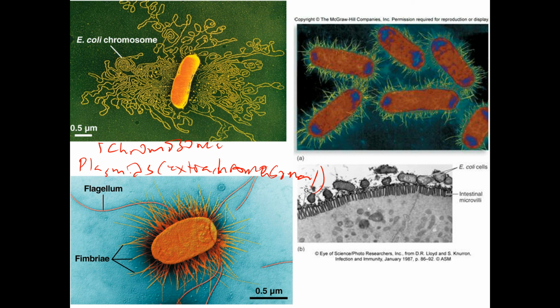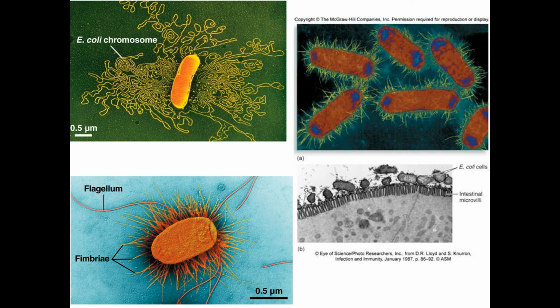Your plasmids typically encode for things like antibiotic resistance or resistance to metal toxicity, or the ability to acquire alternative sources of nutrients, or even the ability to enhance the disease-causing ability of the bacterium itself. We call this enhancing the virulence of the bacterial cell.